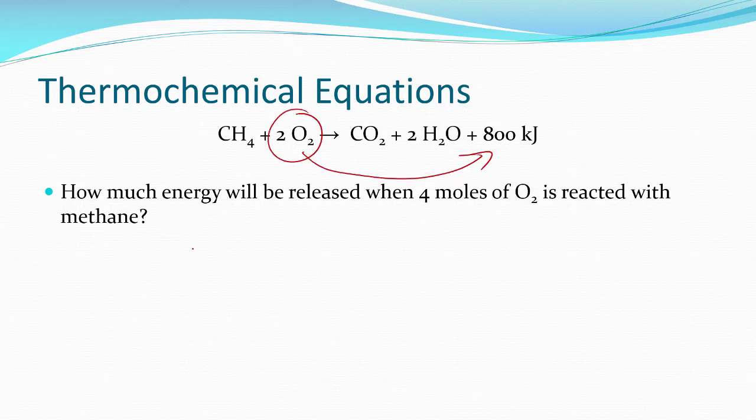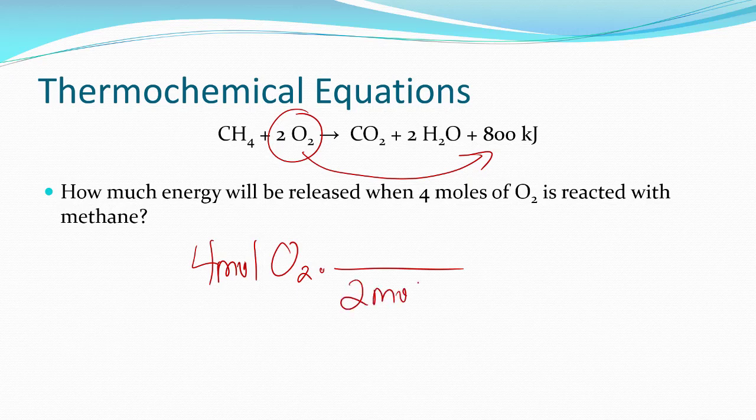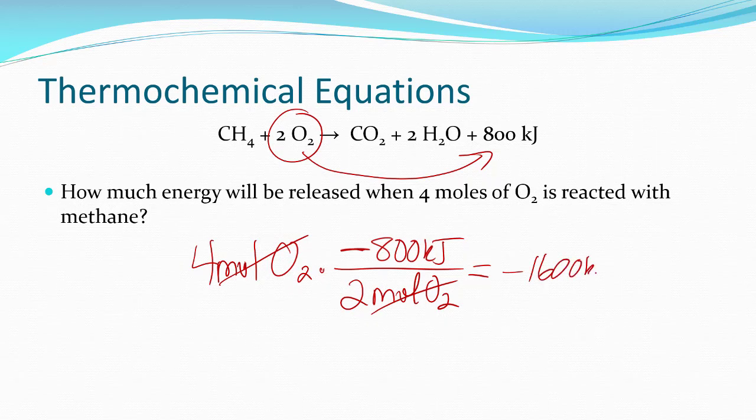So we're going to start with our 4 moles of O2. For every 2 moles of O2, we're going to release 800 kilojoules of energy. The moles will cancel out. So it's going to be 4 times 800 divided by 2. So we end up with a value of negative 1,600 kilojoules.